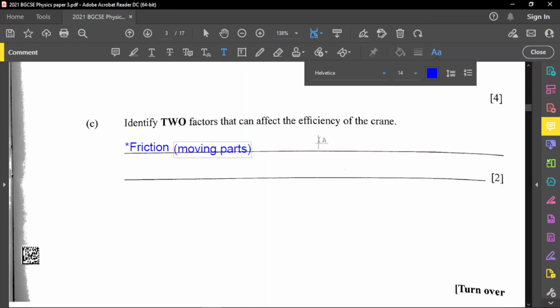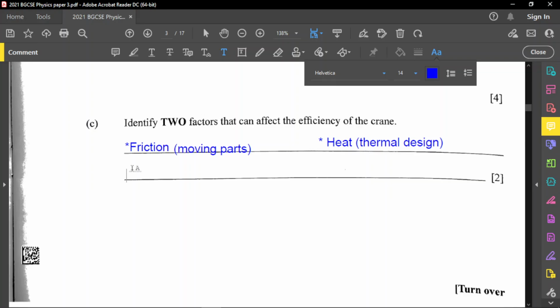Another possibility could be heat. So let's just put that and say heat. The heat is generated again because of the thermal design of the crane, because some cranes may be designed to lose less heat compared to other cranes. Another possibility is air resistance.